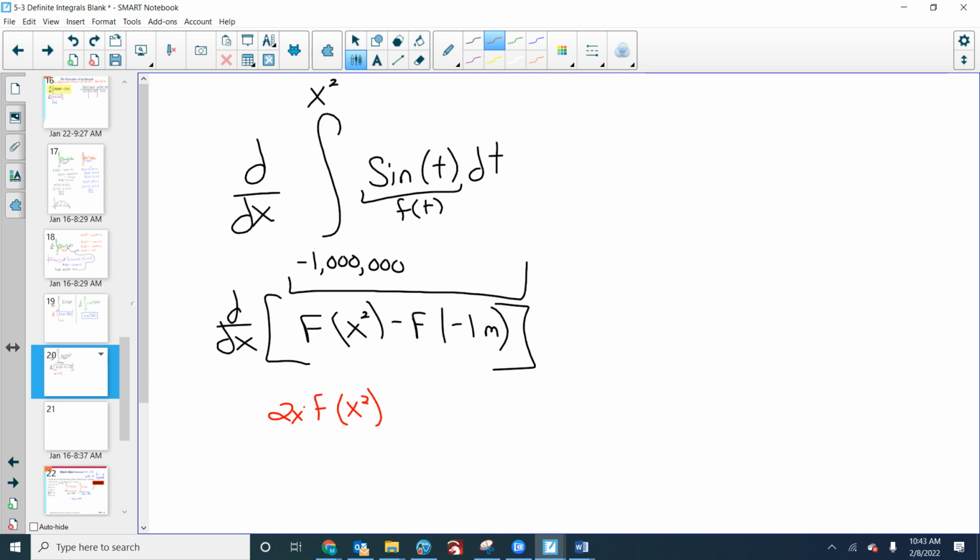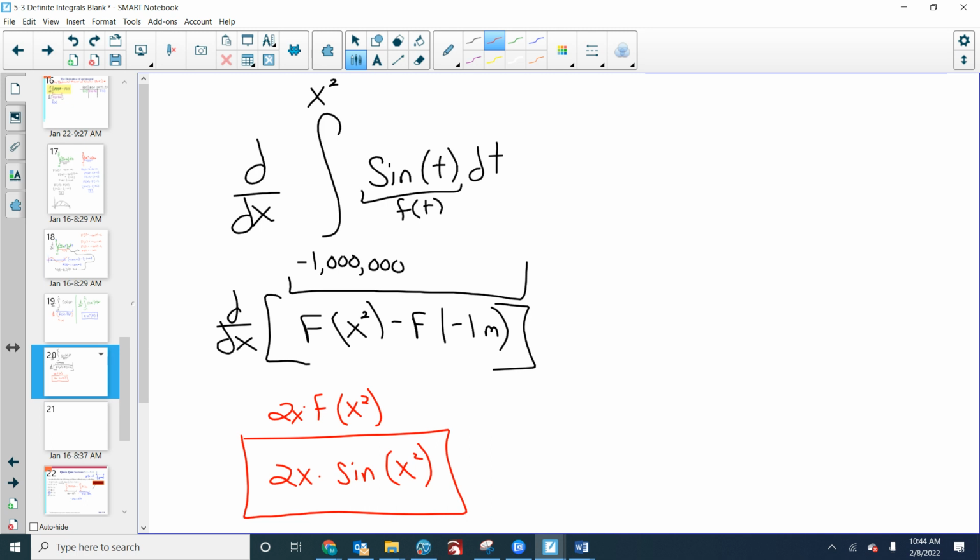What's this thing with an x squared in it? Sine of x squared. That's our answer. Chain rule. Good stuff, huh? That was bonus content. Questions?